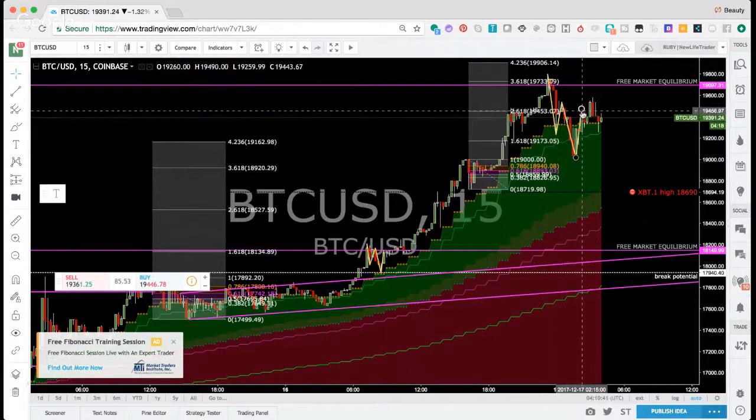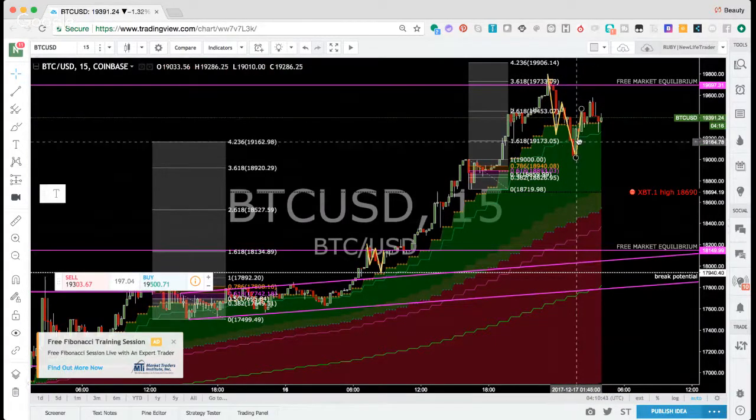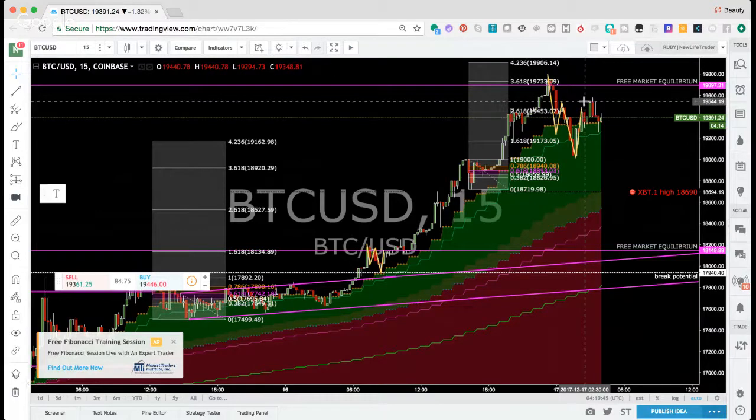Beautiful W pattern too, which would be crazy if this actually does not explode off of the 1954-19. That would surprise me if it did not do that.